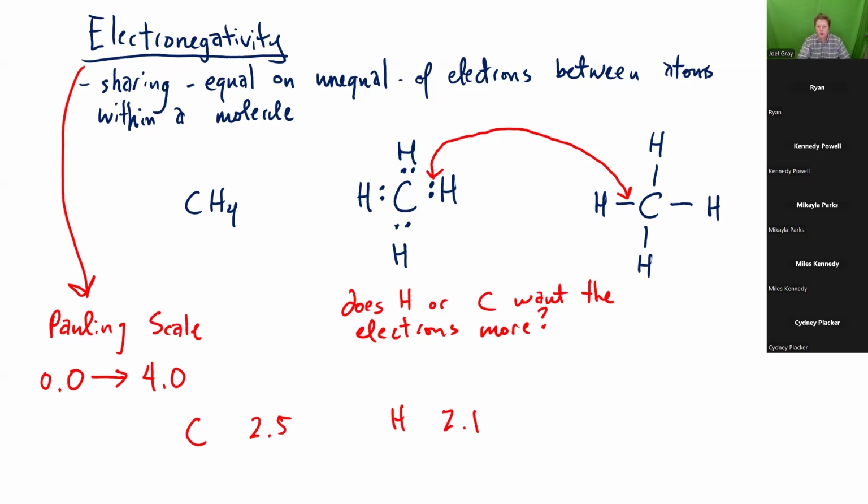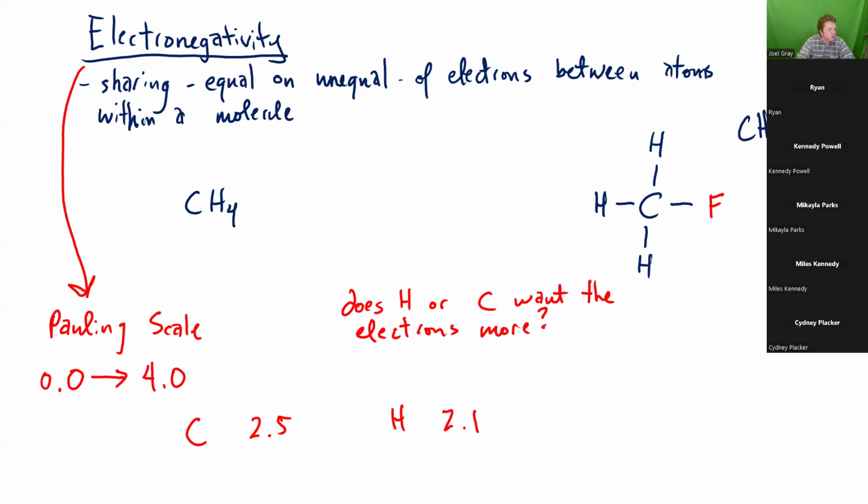But what I want you to know about is, let's say that one of these hydrogens, I'm going to replace it with a fluorine. So I'm going to redraw this as CH4, and then I'm going to leave that as CH3, or this is CH3F versus CH4.